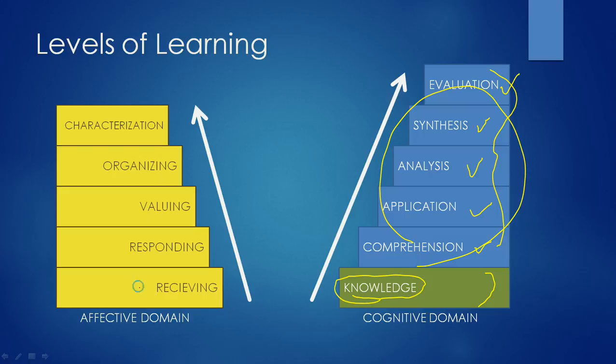Now, when you go to responding, responding means that there's some small commitment of time or interest to that value. Okay, so receiving is simply being aware of it. Responding means, I'm interested in learning more about this. So responding is some very small commitment to it, to explore that value or understand more.